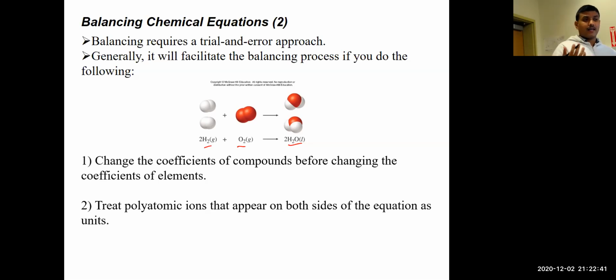And polyatomic ions, we are not cheating in chemistry, are kept in parentheses. Let's see, maybe that's one example, not clearly, but maybe that's one example like that. It is put in a group, so just treat them as groups. That will make your life easier.